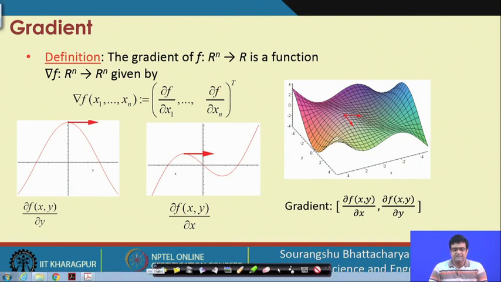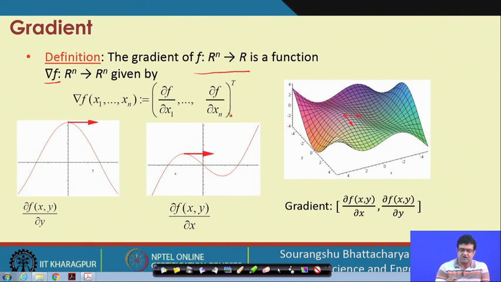So, in this lecture we will mostly concentrate on gradient based algorithms, as those are the most practical and more highly used. In order to discuss the gradient based algorithm, first we discuss what is the gradient. The gradient of any function f from R^n, or n dimensional Euclidean space, to R is denoted by this inverted delta of f, and it is defined like this.